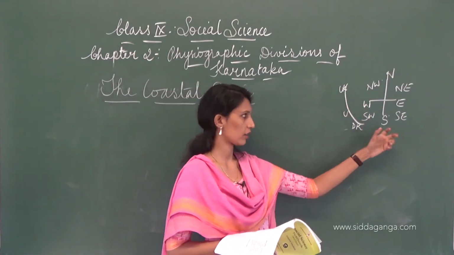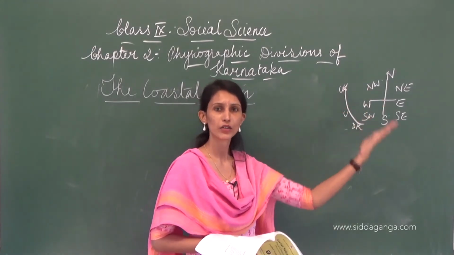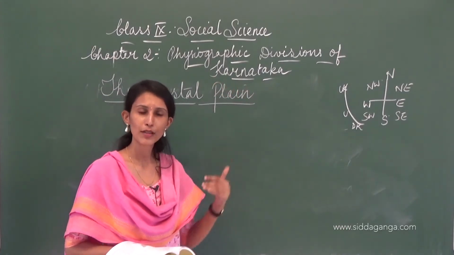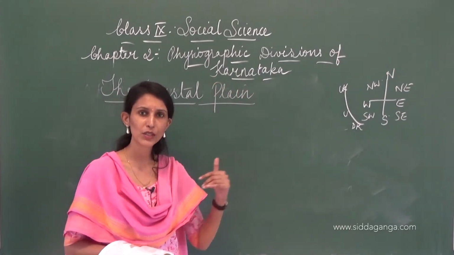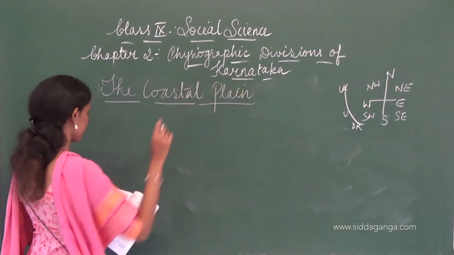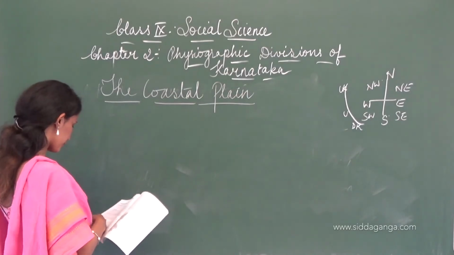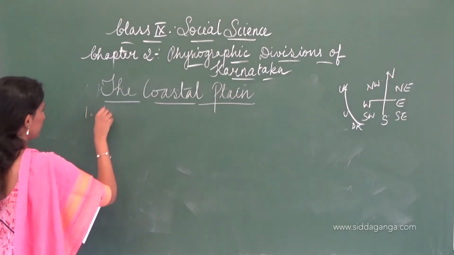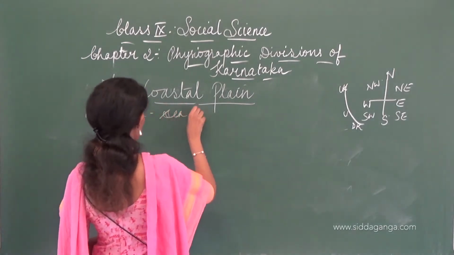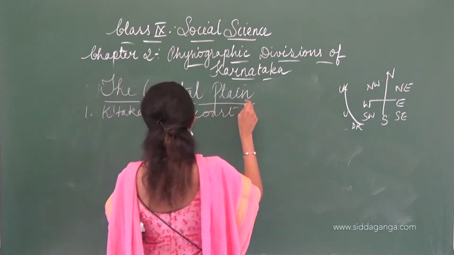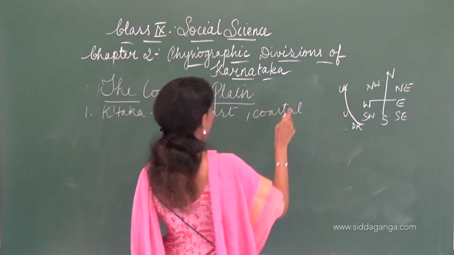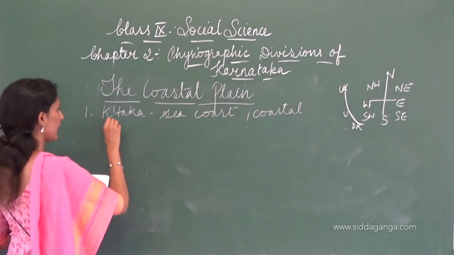We did not go to the other side on top, that is north of India, but we came to the south and we are on the coastal line when the divisions happened. Karnataka got the sea coast.